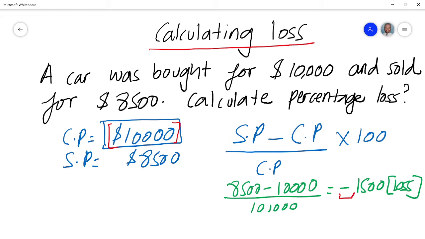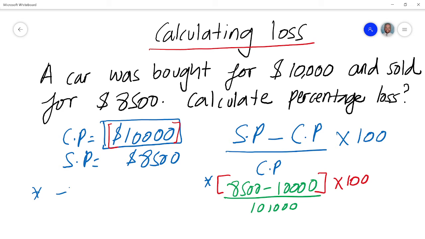So what do we do from here? I like to put brackets so you don't get confused multiplying the 100. I'll put an asterisk here to show that we are going to continue from here. That's going to be negative 1,500 divided by $10,000 multiplied by 100.